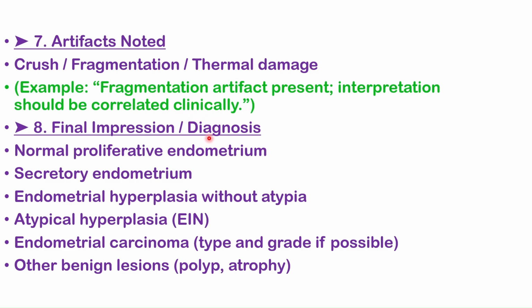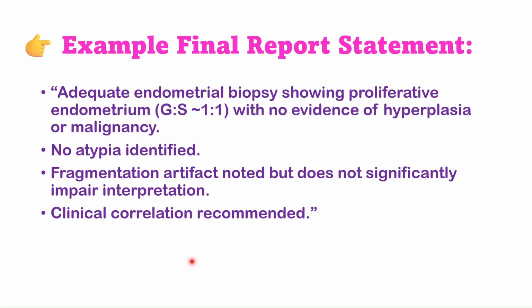So the final impression or diagnosis must include normal proliferative endometrium or secretory endometrium, or hyperplasia without atypia, atypical hyperplasia or carcinoma, and if present, type and grade if possible, or other benign lesions like polyp or atrophy.